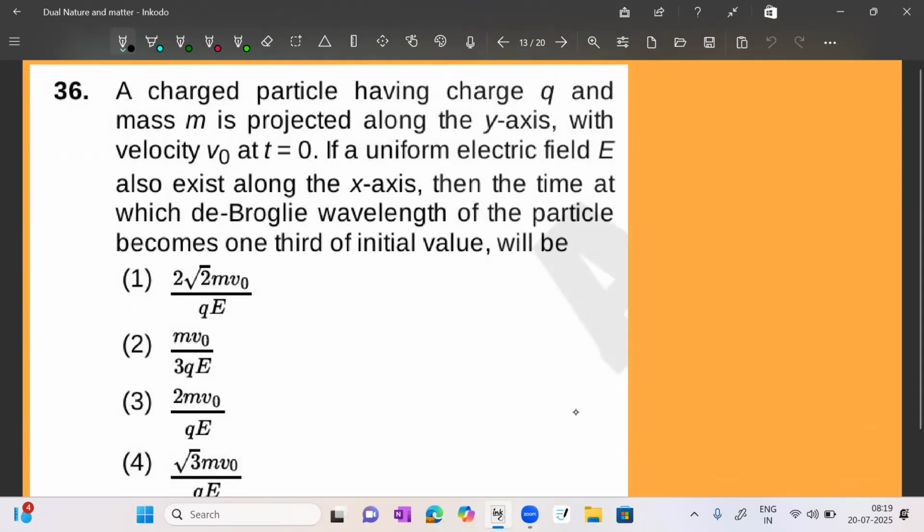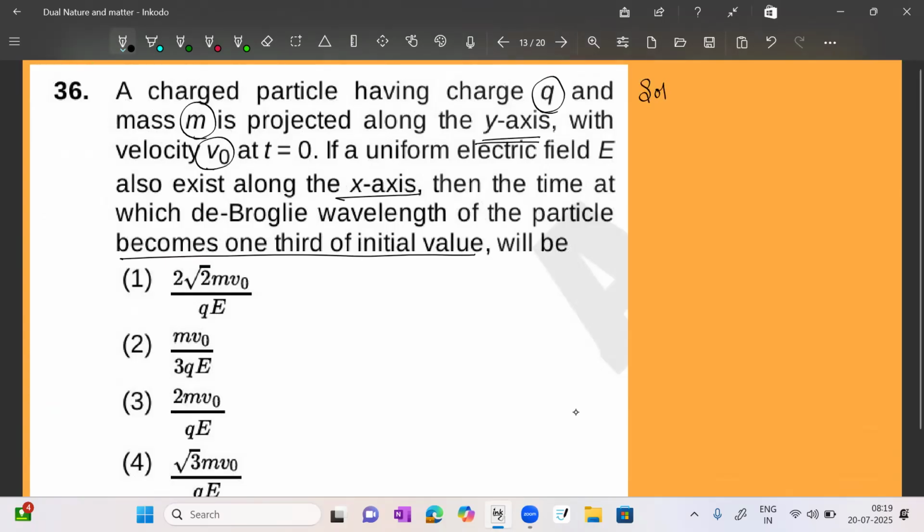36. A charged particle having a charge q and mass m is projected along the y-axis with velocity v naught, so the initial velocity is v naught. If a uniform electric field is along the x-axis, then find the time at which the de Broglie wavelength of the particle becomes 1/3 of its initial value.